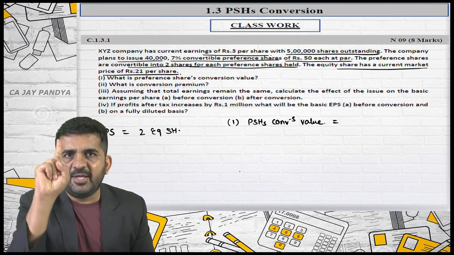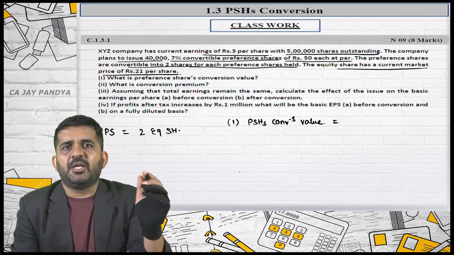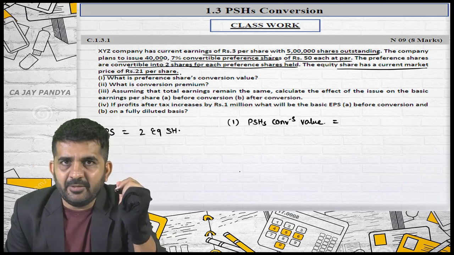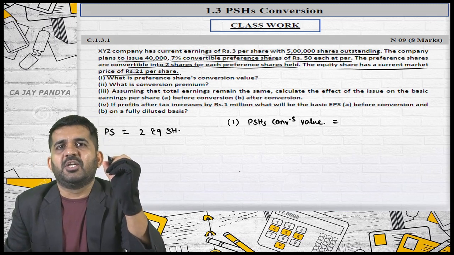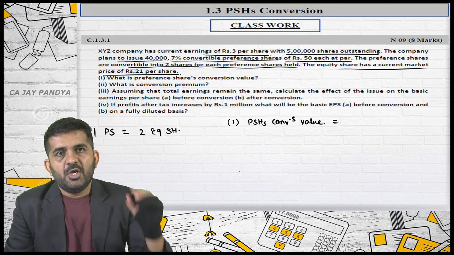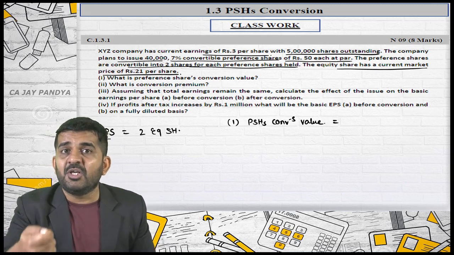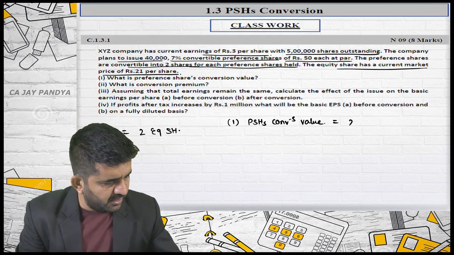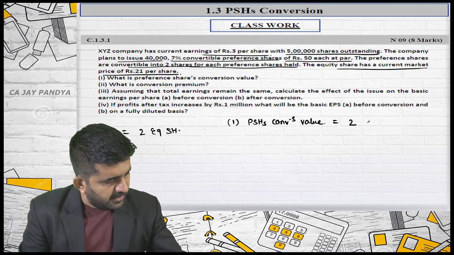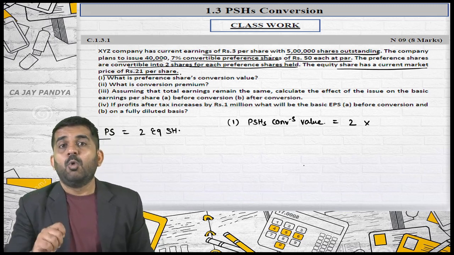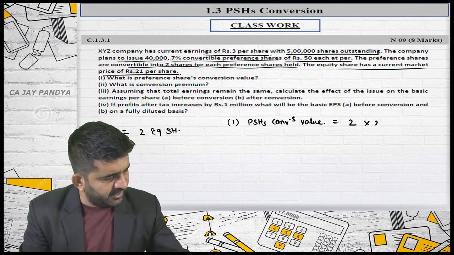If you are holding one preference share and you convert it into equity shares today, how many equity shares will you have? 2, multiplied by the value of one equity share, which is 21.